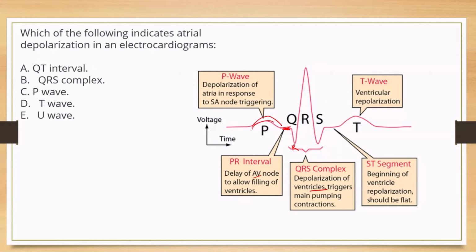We also have what we call the U wave, which I didn't show over here. What does it refer to? Normally, it comes after the T wave of the ventricular repolarization. It may not always be present, but basically, it represents repolarization of the Purkinje fibers.